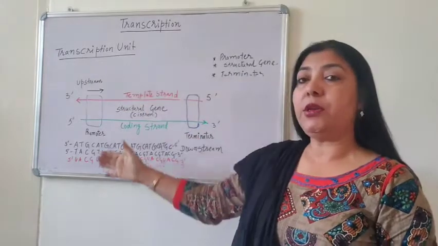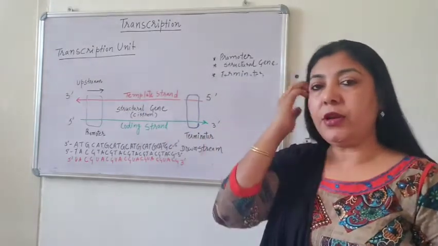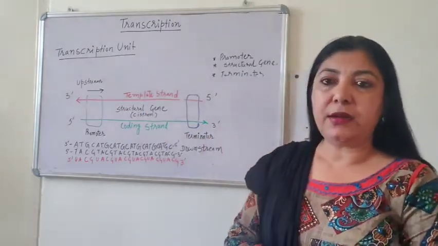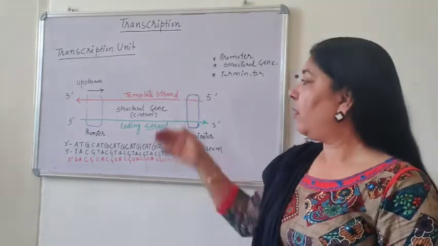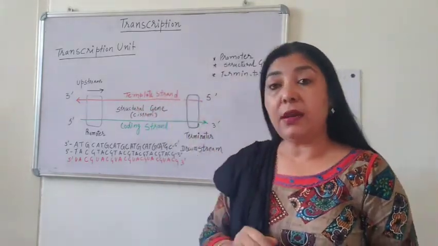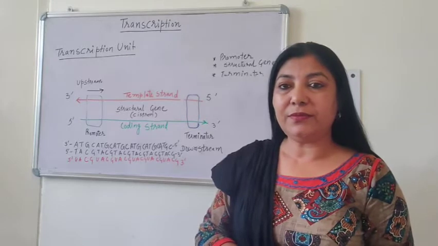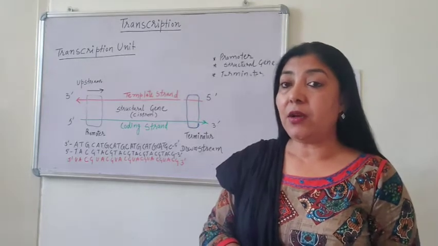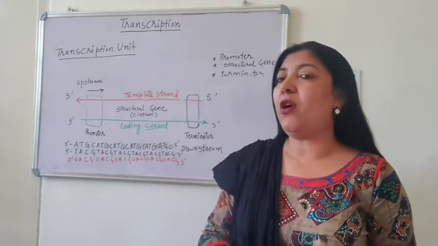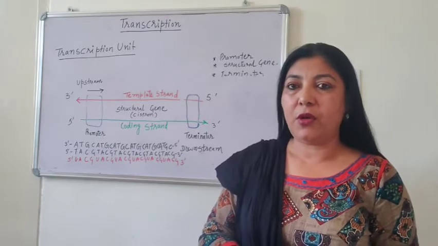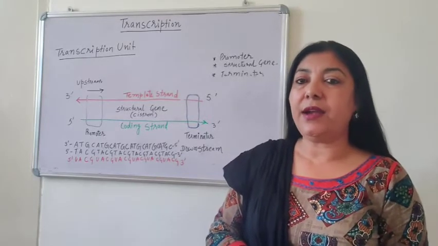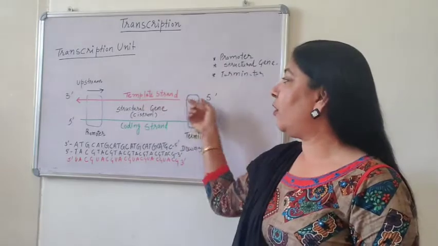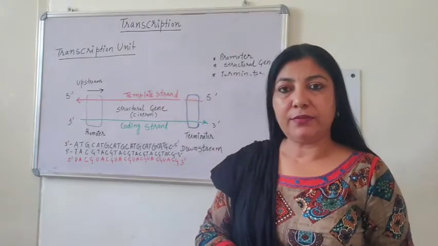Last time I told you, DNA has two strands and both strands are complementary to each other. And we studied that both strands do not undergo transcription. Only one strand undergoes transcription, which is called the template strand.